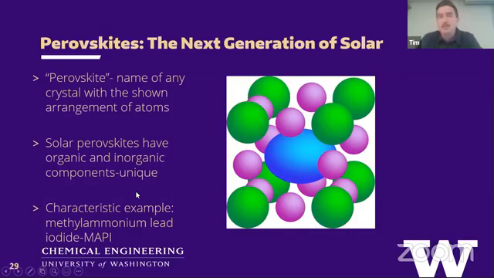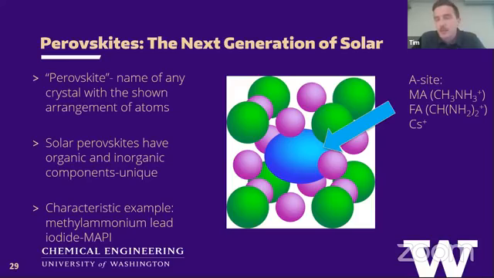But solar perovskites are unique because they have halogens and organic and inorganic components, making them very unique and is also the major reason they're able to be dissolved in common solvents. And the characteristic example, if you hear perovskite, is methylammonium lead iodide, which is the baseline perovskite that we use to describe solar PV in this space.